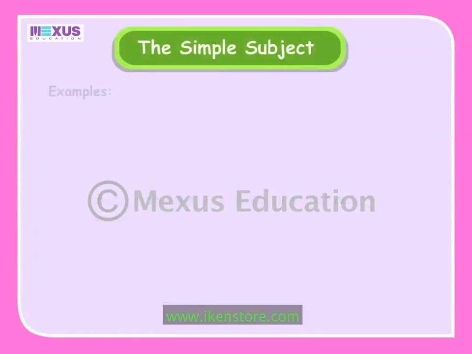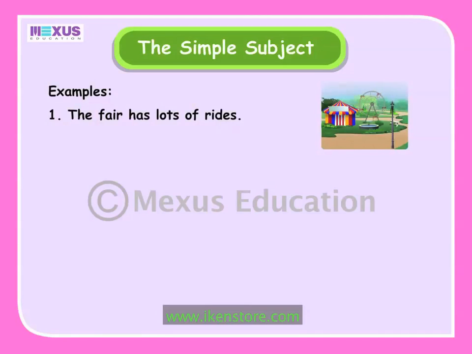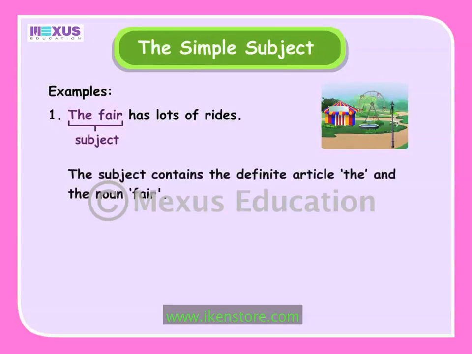Here are 3 examples. In the first example, the fair is the subject. It consists of the definite article, the, and the noun fair. However, the most important word in this subject is the noun fair, since we are actually talking about the fair having lots of rides.